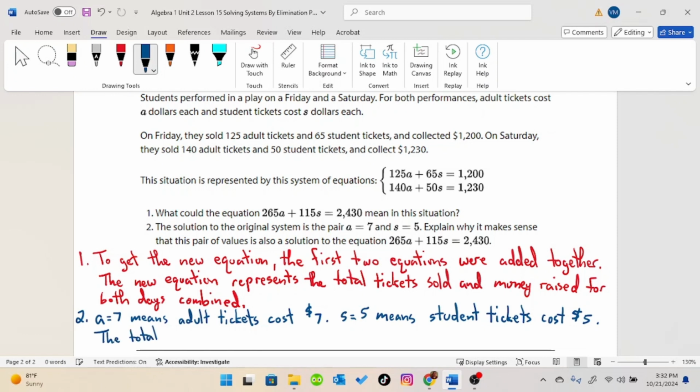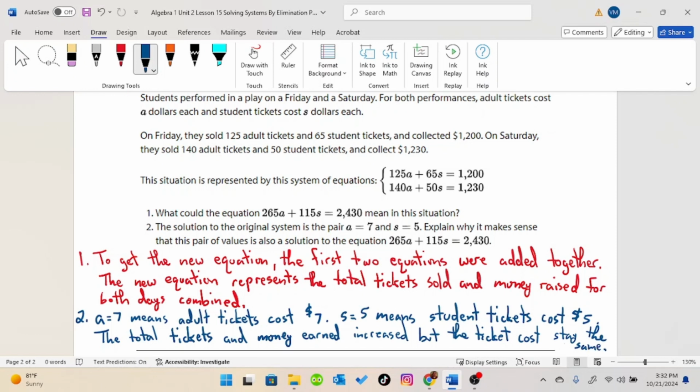The total tickets and money earned increased, but the ticket cost stayed the same.